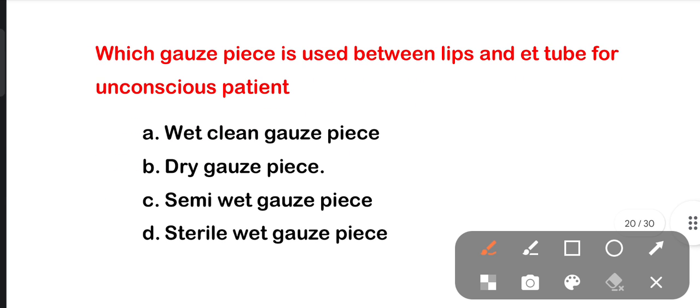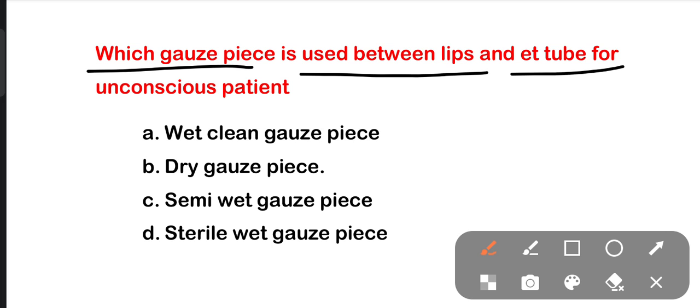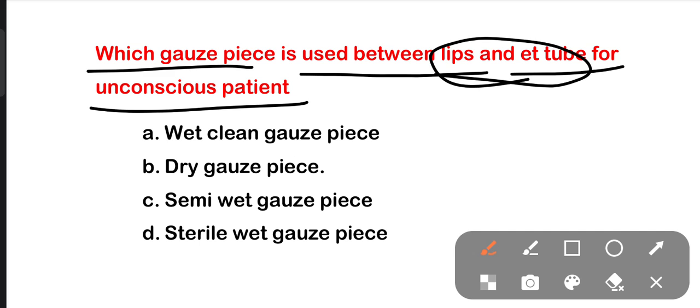The next one is, which gauze piece is used between the lips and ET tube for an unconscious patient. When you find an unconscious patient, you are assessing the unconscious patient. The doctor has advised to keep a gauze piece between the lips and the ET tube. So what is the purpose of that? Which type of gauze piece do you have to use?